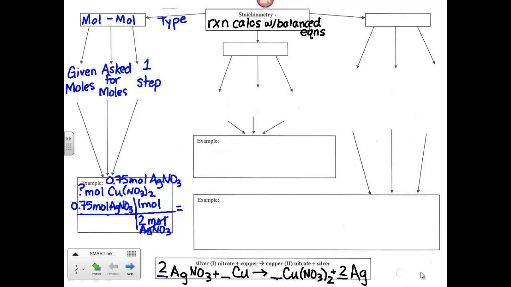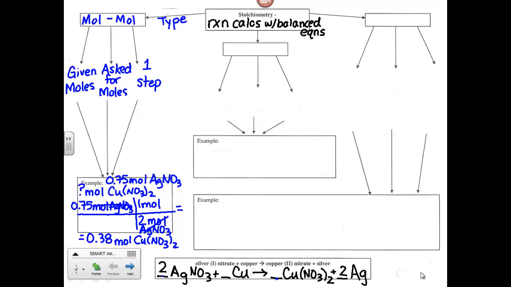Moles of AgNO3 cancel. 0.75 divided by 2, check your sig figs, and you should get 0.38 moles of copper 2 nitrate. Make sure on the test that you label what unit it is, moles, and also what substance it is, copper 2 nitrate.